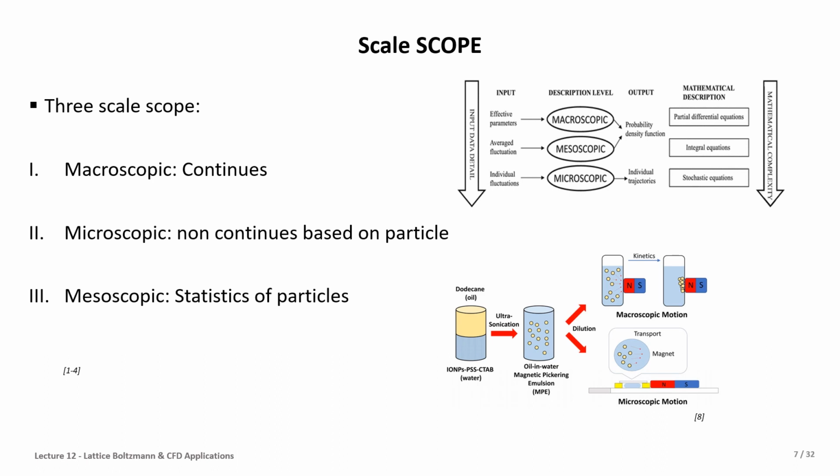The mesoscopic scale is located between the microscopic and macroscopic scales, and this scale definition led to the lattice Boltzmann approach, which we will talk about in the next slide, how it led to this.